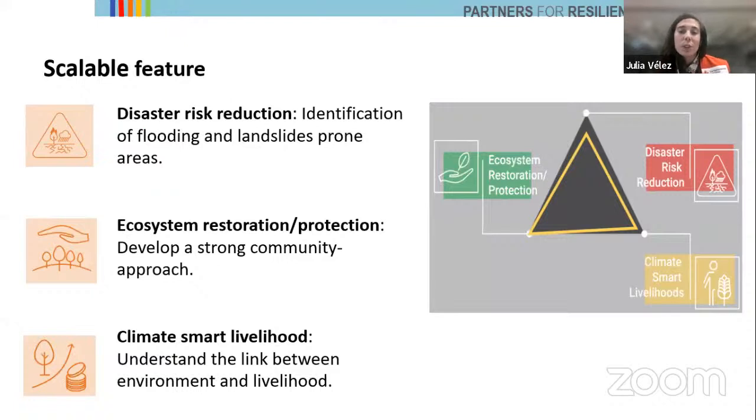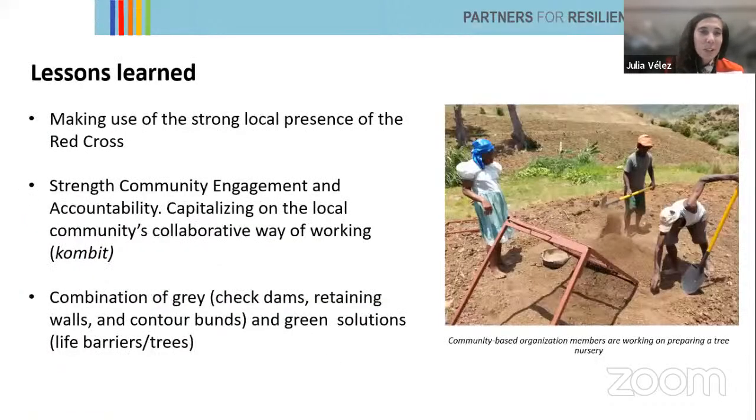These scalable features, as we have seen, are the involvement of the Red Cross volunteers and the nature-based solutions, and we have witnessed the results. I would like to go to the next slide so we can focus on the recommendations and lessons learned.